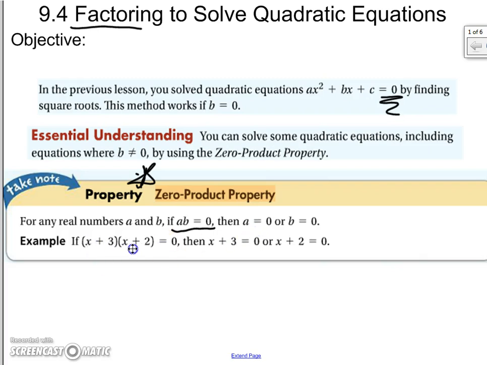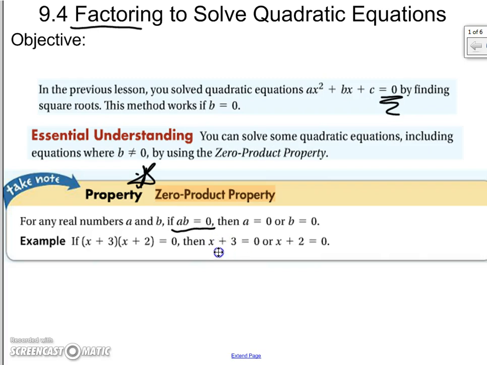Here's an example. We're multiplying x plus 3 times x plus 2, and that's set equal to 0. When they're set equal to 0, that means to solve, so we use this zero product property, meaning that either the first factor needs to be set equal to 0, or the second factor needs to be set equal to 0. In both cases, I take my factors and set them equal to 0, then solve for x.